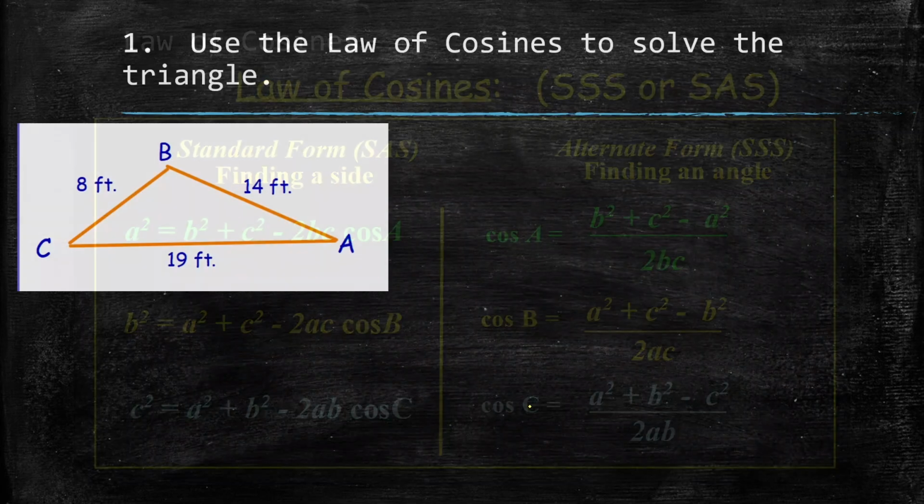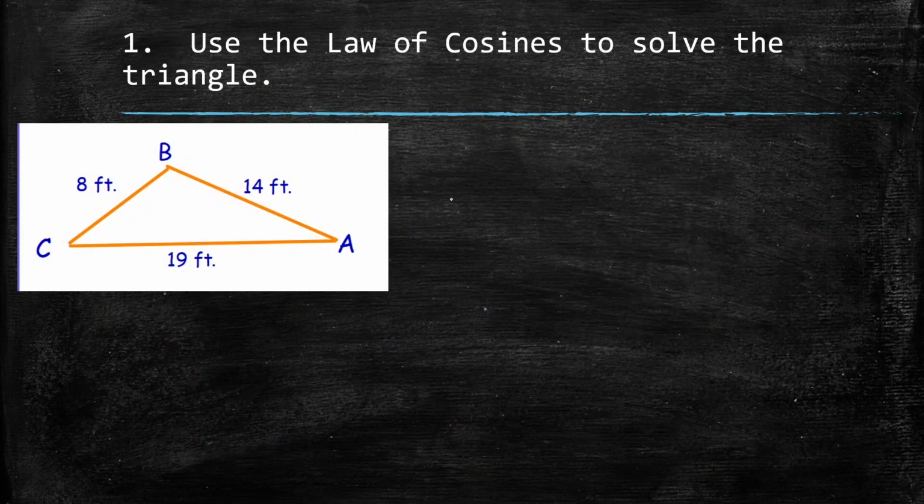So let's get into it now, and it's plug and chug time. We're going to use the law of cosines to solve this triangle. And so this triangle here has got the three side lengths, A, B down here is 19, and C is 14. And I need to start by finding one of the three angles.